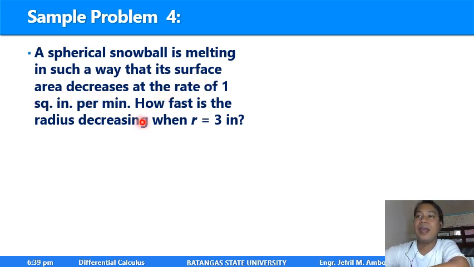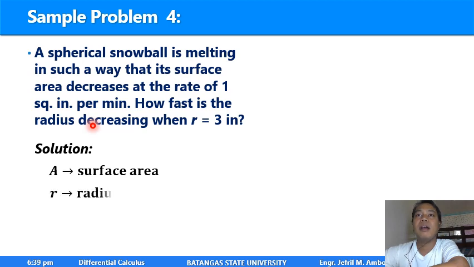Okay? So, if we let the surface area be equal to A, kasi area, no? And aside from that, what else is given? It decreases at a rate of 1 square inch per minute. So, there is another quantity that changes, the radius. So, I represent the radius by R.